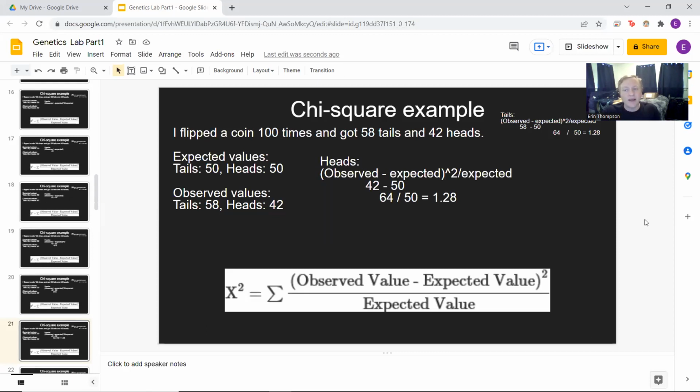Okay, so now we have these two different values. Are we done? Or what's the next step, I guess? What do we do now?